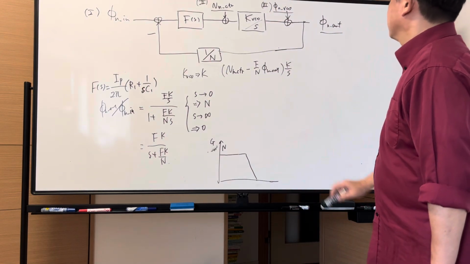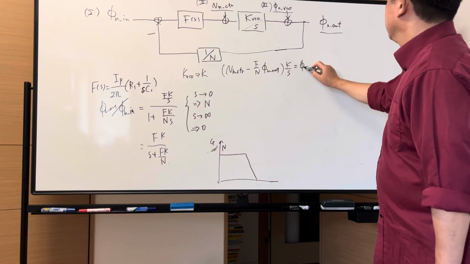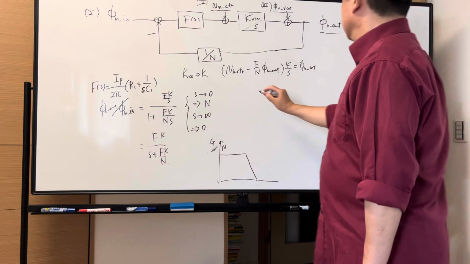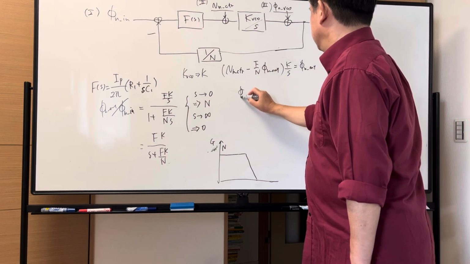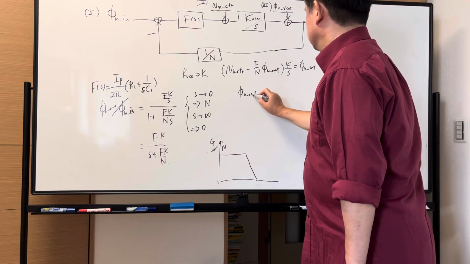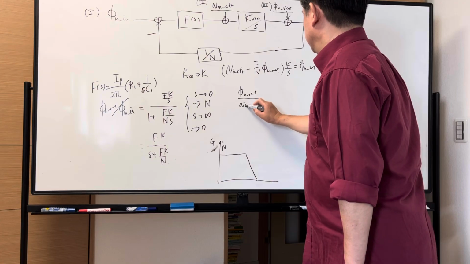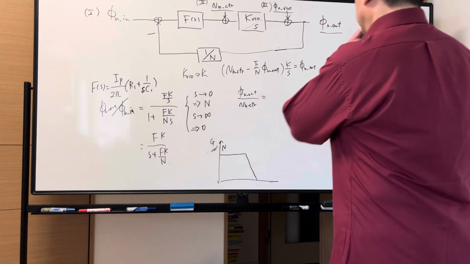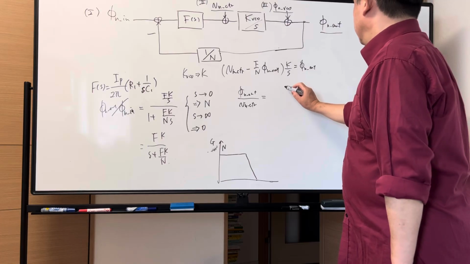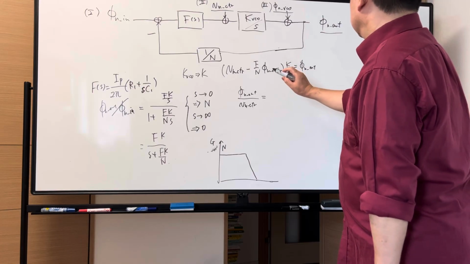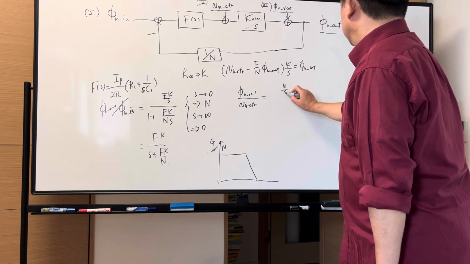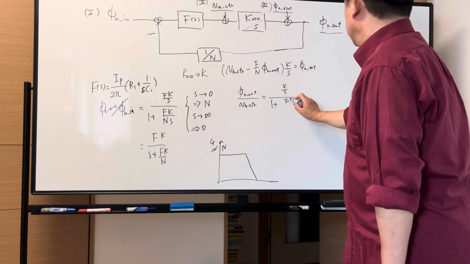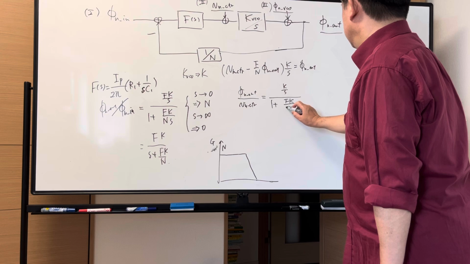K over S makes the P n out. So P n out over V sub n control equals K over S divided by 1 plus F K over S.